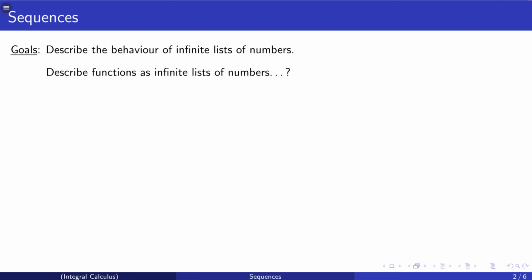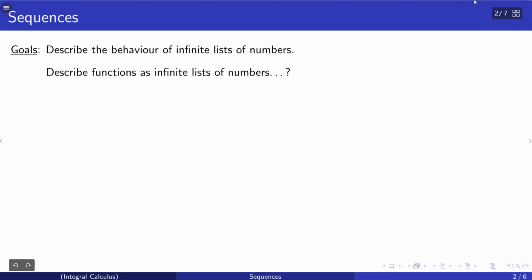What does that even mean? Can we talk about them in a systematic way? And the second point probably raises some questions for you as well. What does it mean to describe functions as infinite lists of numbers? Can we even do that for functions? How do these infinite sequences help us talk about functions?